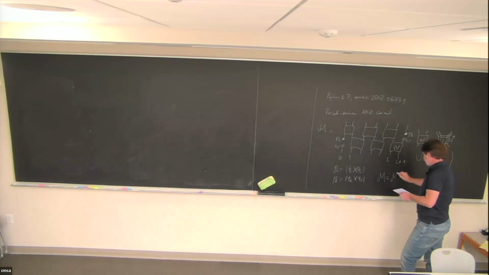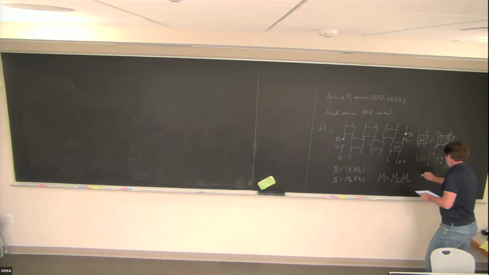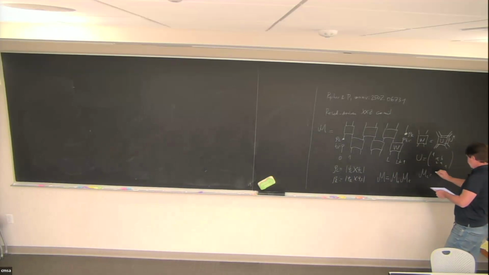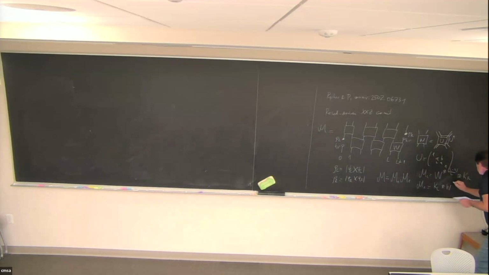This M again is factorized in 2 layers, an even layer and an odd layer. The even layer is W tensor (L minus 1) over 2 times tensor K R, and the odd is K left tensor W (L minus 1) over 2.